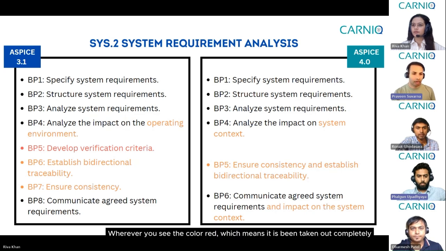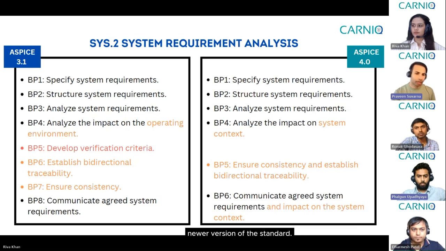Wherever you see the color red, it has been taken out completely in the new version of the standard, and the orange color means that it has been modified in the newer version. Maybe it's been combined with something else, or maybe the context has been identified a bit differently, which we will discuss in detail.